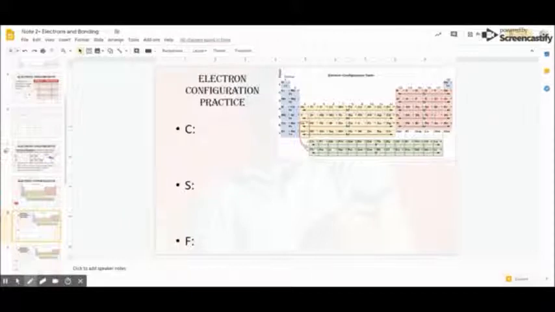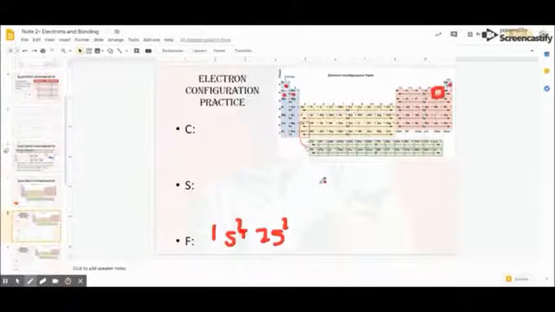Let's try another one. Let's look for fluorine. Fluorine is here on my chart. Again, I'm going to start at the top. It's called 1s, and there are 2 boxes labeled 1s, so 1s2. Sorry, that looks a little off. Then we go down to 2s, and there are 2 boxes labeled that.